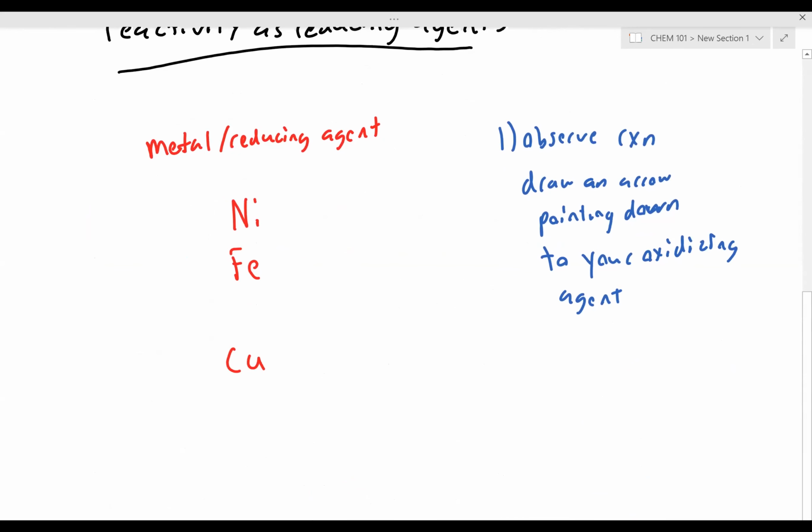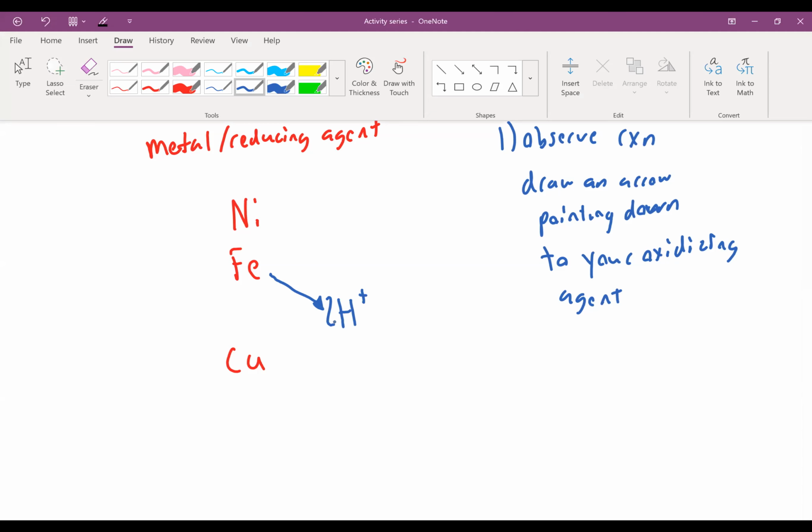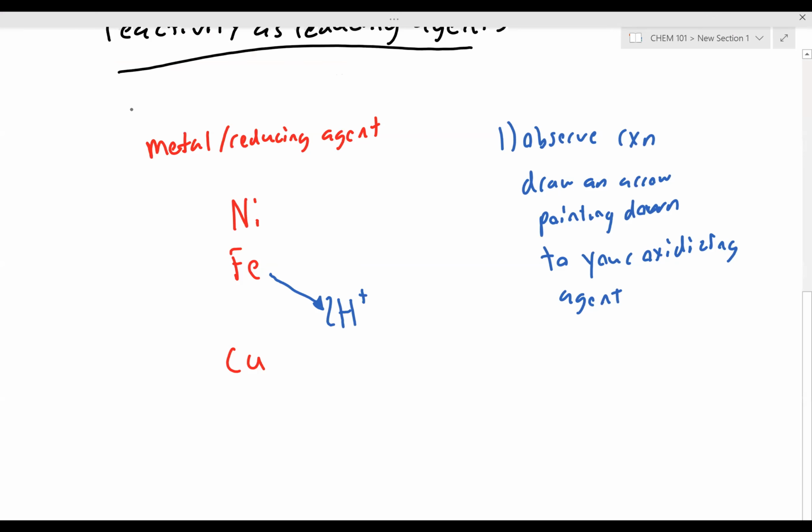So in this case, since we know iron reacts with HCl, we're going to draw an arrow going down, pointing to H+. So our arrow is pointing down to our H+. And now we can write out the rest of our equation for this half reaction.